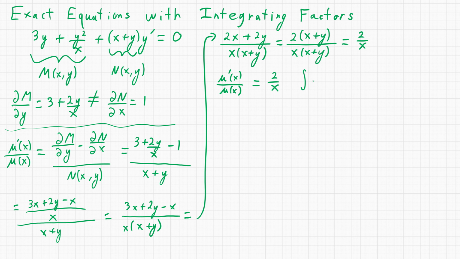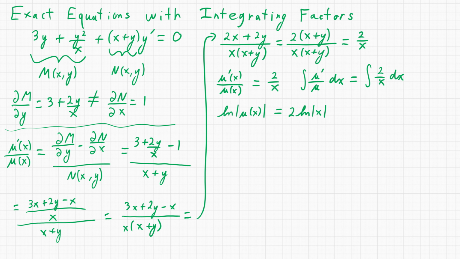So now I have the indefinite integral of mu prime over mu dx equal to the indefinite integral of 2 over x dx. All right, so the integral of mu prime over mu is natural log absolute value of mu of x. The integral of 2 over x is 2 natural log absolute value of x.